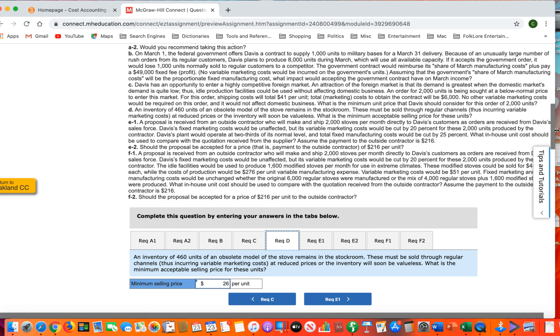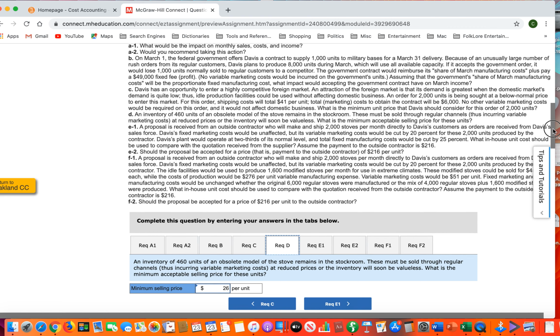You may not cover all your costs that you incurred to make it, but at least cover your. They said the minimum cost. If you can sell for more, of course, yeah. But you got to cover your selling cost, which is $26 per unit. You got to pay somebody to sell it.